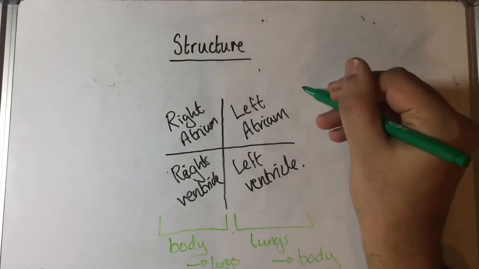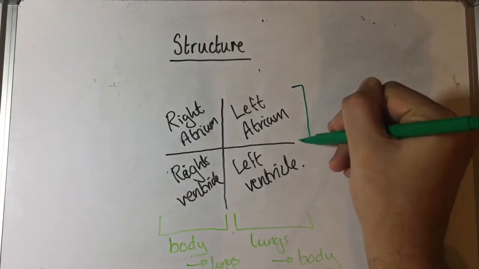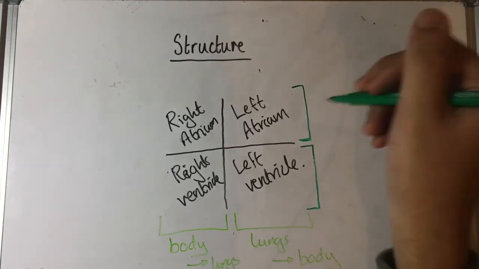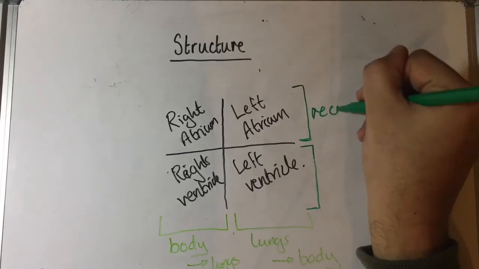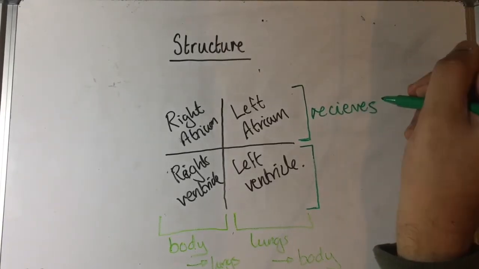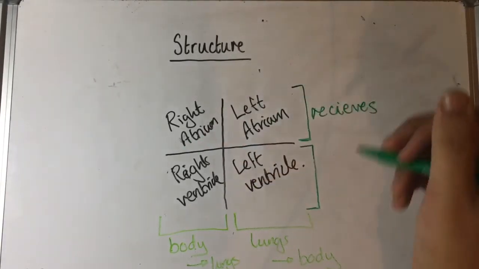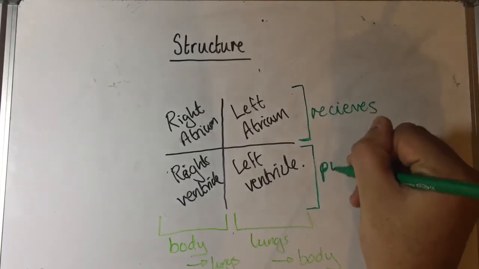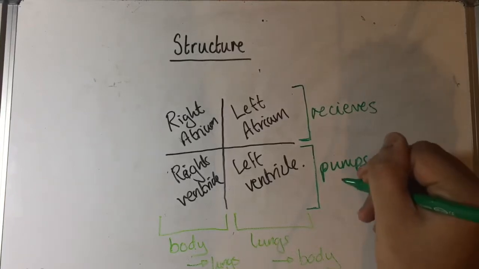So then we've got the atrium on the top, we've got the ventricle on the bottom. The atrium is the section that receives the blood on either side, and the ventricle is the section that pumps the blood out.